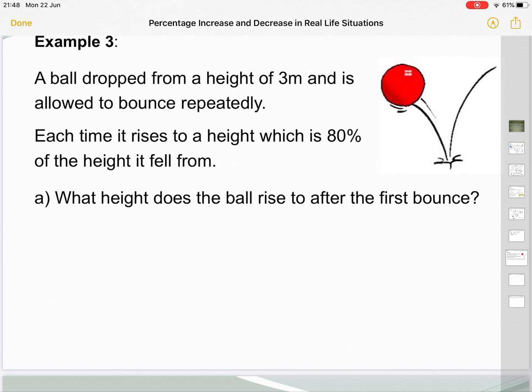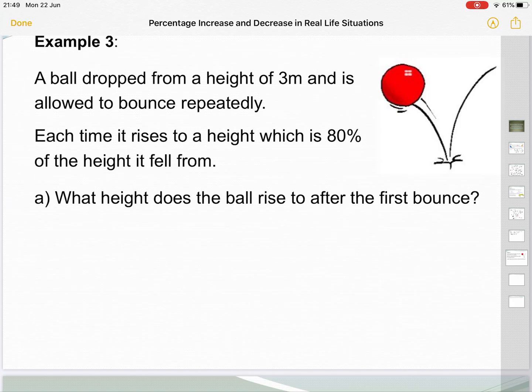Each time it rises to a height which is 80% of the height it fell from. Question A. What height does the ball rise to after the first bounce?